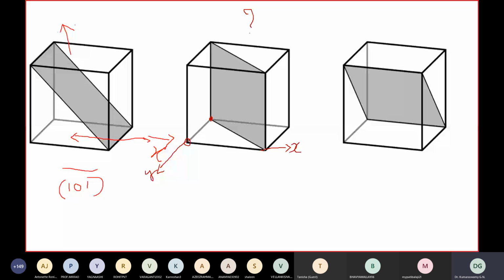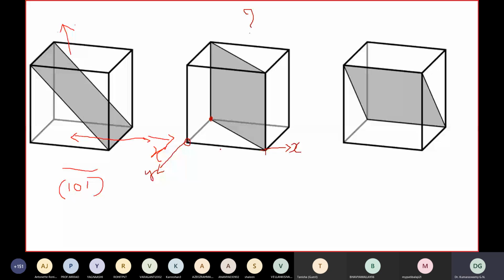Sir, is it our choice to choose X and Y? Yes, your choice, but you have to be clear. In the diagram, you have to mention it. So based on that, your HKL values change. That doesn't matter. But you have to mention the coordinate system properly. There is no rule that you have to take this as X and this as Y. You can change it. In fact, some people take this as Z and this as Y. But you have to be very, very specific in your representation.